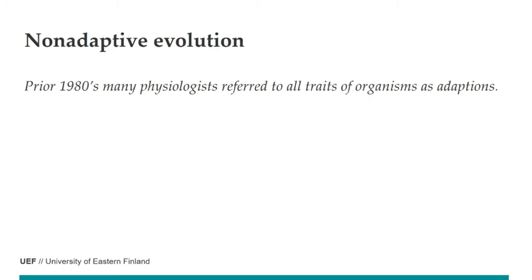And it was not tested. But then in the late 70s, they found out that natural selection is only one part of the driving force changing these frequencies in the genetic code.